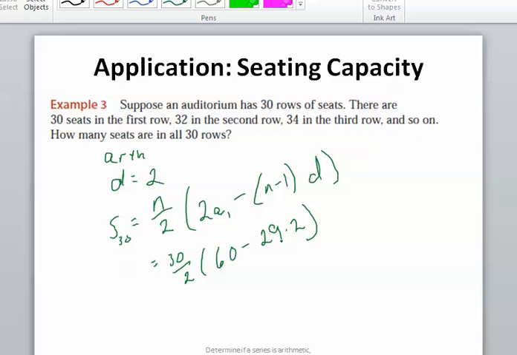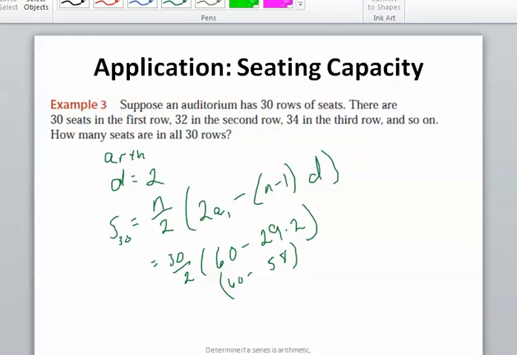Well, 29 times 2 is 58. So 60 minus 58 is 2. Oops, must be missing something in my formula.